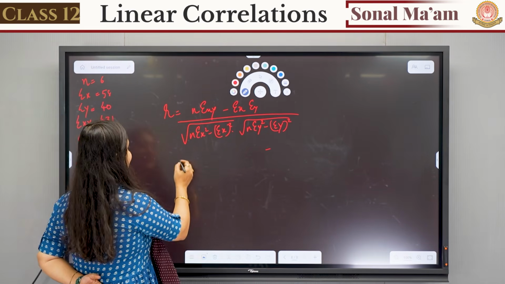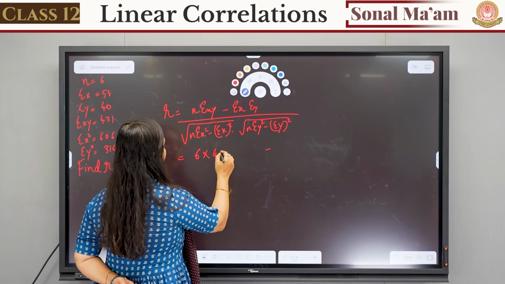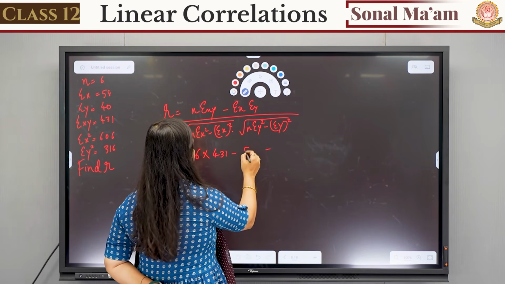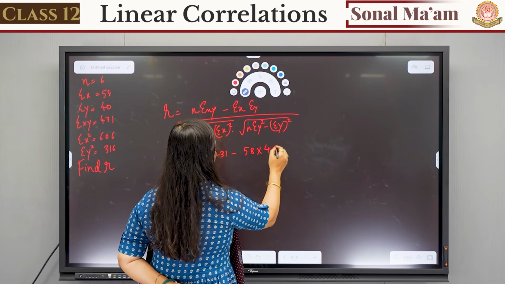What is n? N is 6. So 6 into summation xy is 431 minus summation x, summation y, that is 58 multiplied by 40.